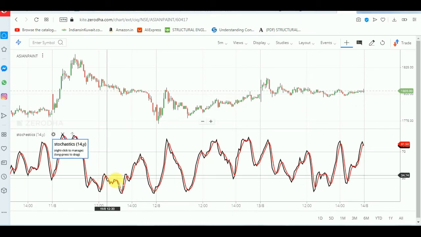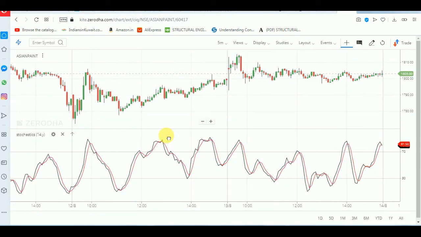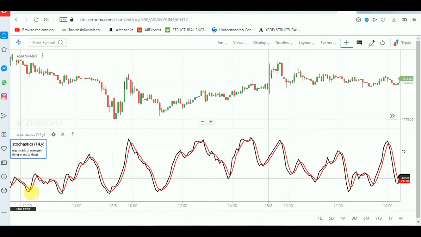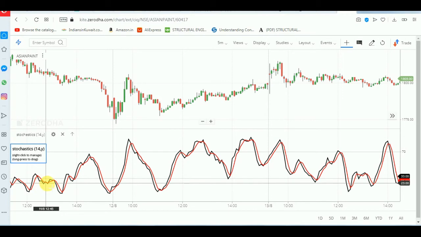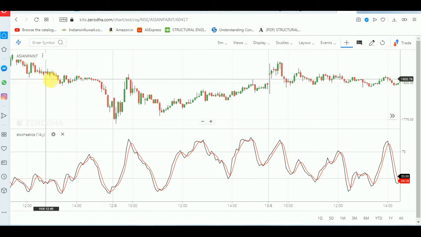See, even here also, one can see so much disturbance in this black line. So here also you can see, in the price action we cannot see a great movement at all.